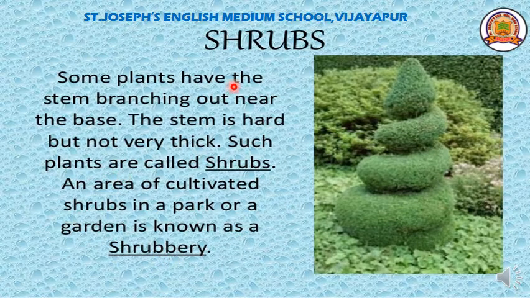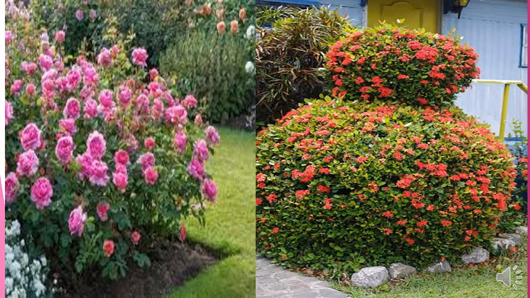These are the plants which have stems branching out near the base. The stem is very hard but not very thick. Such plants are called shrubs. Here you can see the examples of shrubs.